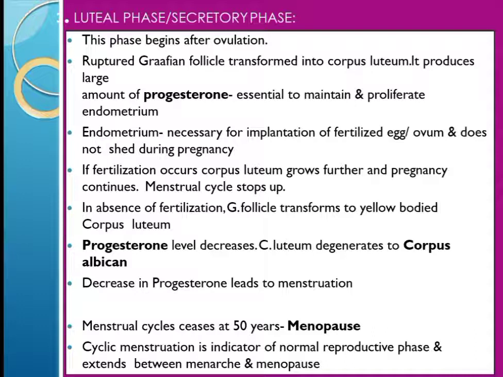The corpus luteum secretes a large amount of progesterone essential to maintain the endometrium. The endometrium is necessary for implantation of the fertilized ovum and other events of pregnancy. During pregnancy, all events of the menstrual cycle stop and there is no menstruation.